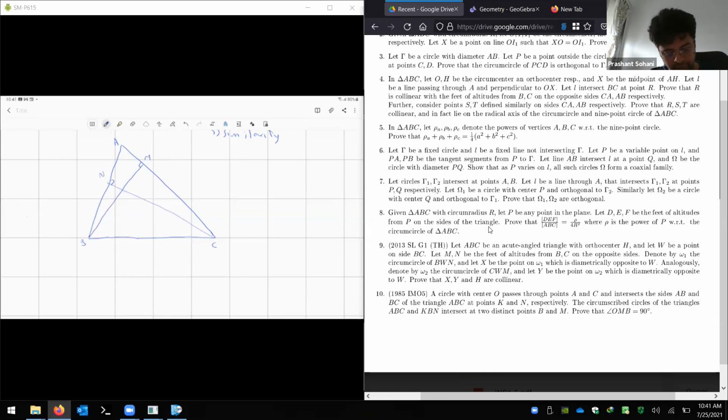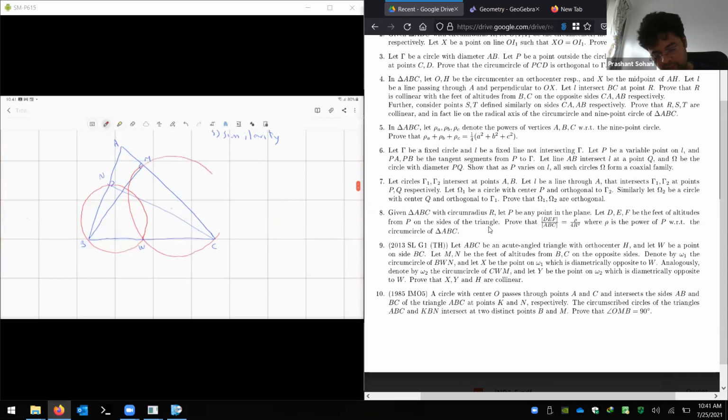Okay, so W is an arbitrary point on this side, and we are interested in the circumcircles of PWN and CWM. It roughly will look like this.